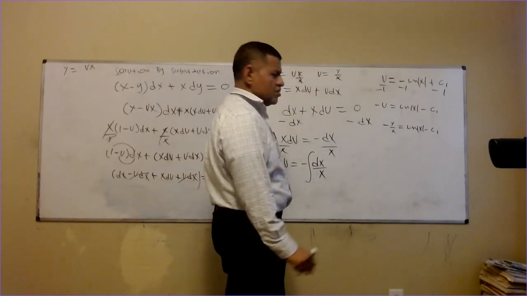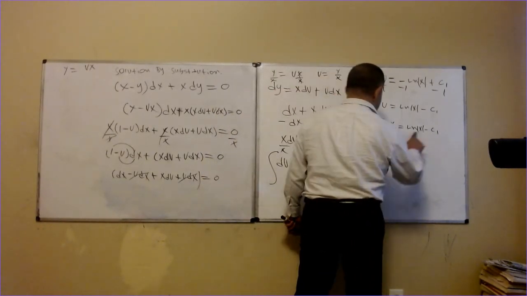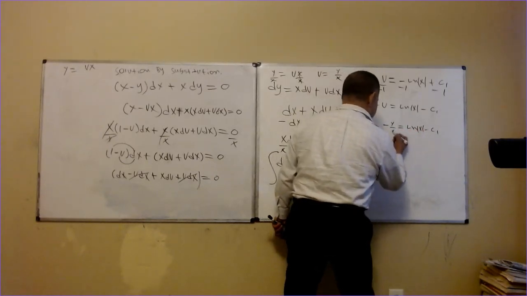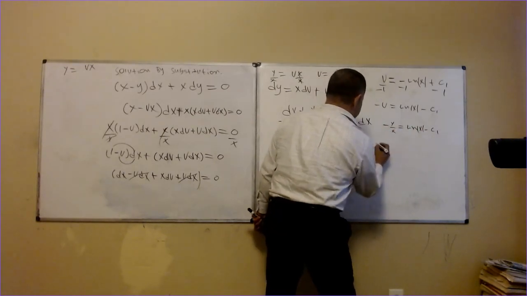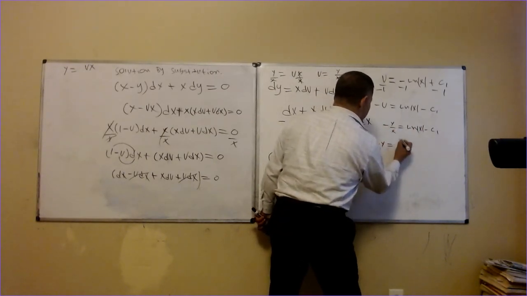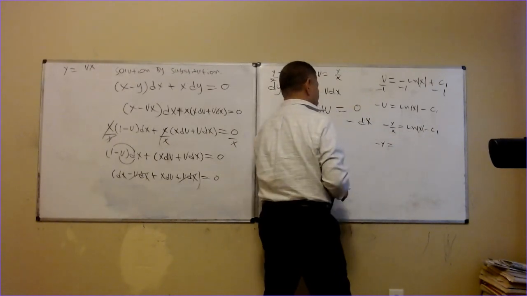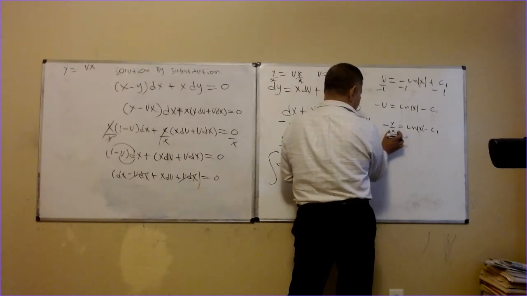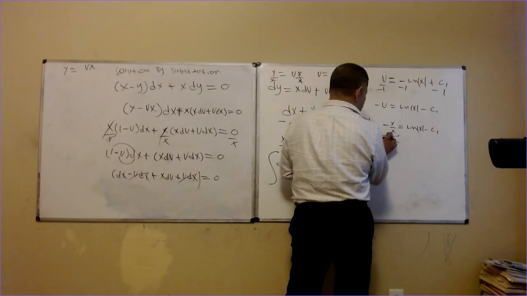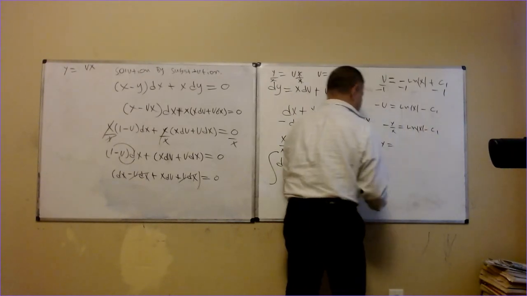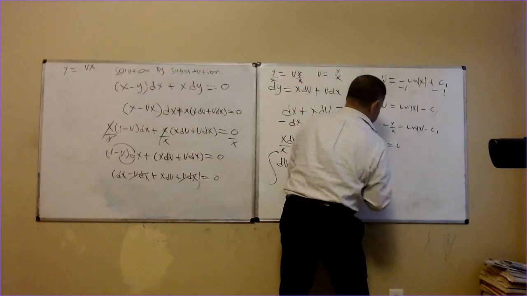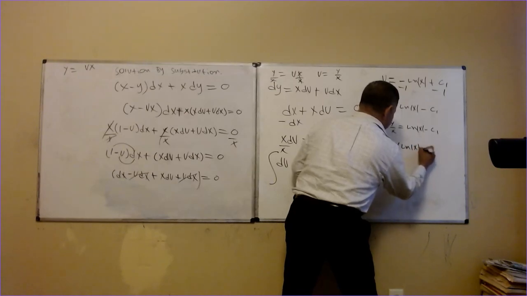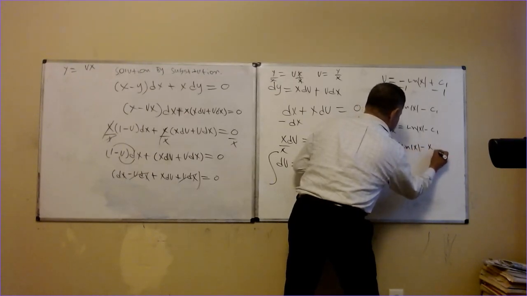Now I can multiply this across. Cross multiplying means I multiply the x across the whole thing. So I get negative y equal to x ln x minus x c1.